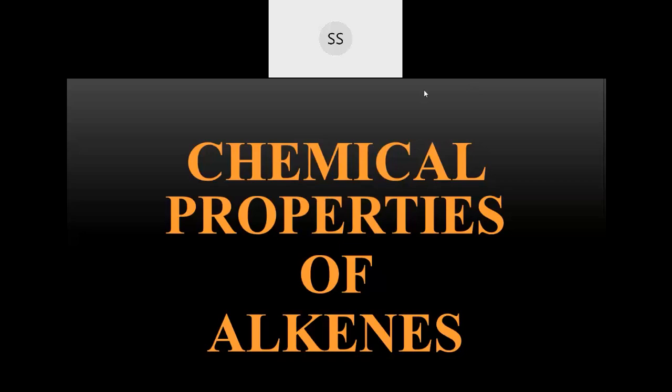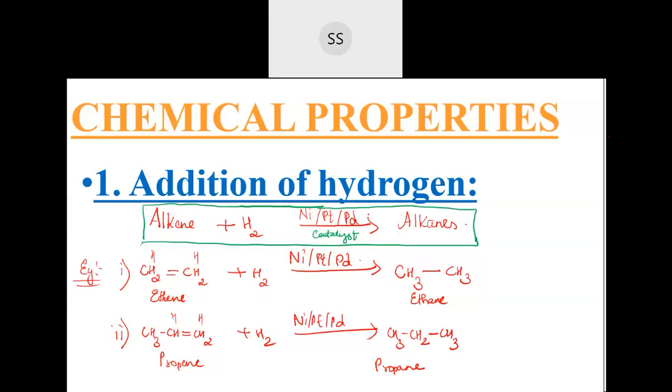Chemical properties of alkenes was the topic we were discussing yesterday. And in that, we had finished with two properties, correct? One was addition of hydrogen. If you take an alkene and add hydrogen in the presence of a catalyst, you get alkanes, because the hydrogen will get added across the double bond of the alkene.